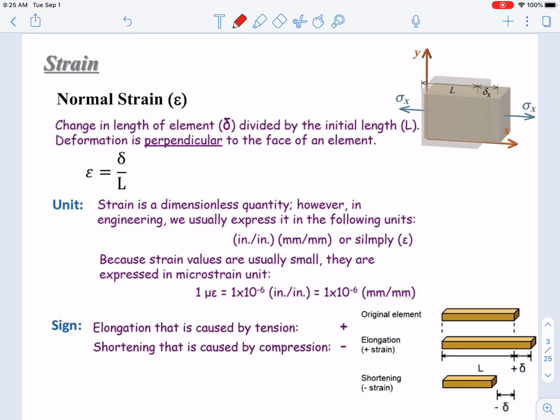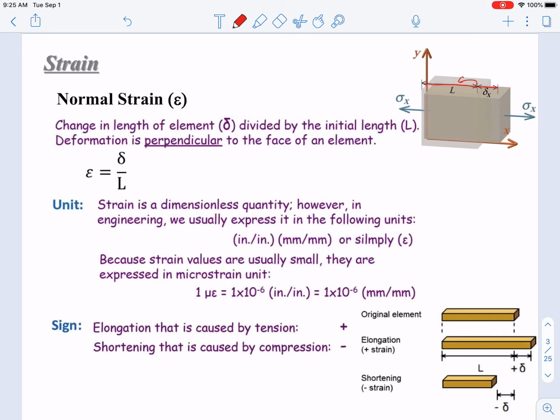So deformation is perpendicular to the face of an element. Meaning what? Meaning the direction of the length change delta and the original length is in the same direction. As shown here, this is original length, then the change in length will be in the same direction of L. It will become longer or become shorter, depending on if you are stretching it or compressing it.